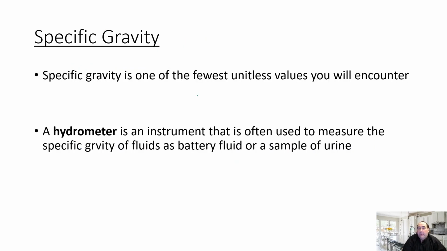Specific gravity is one of those few unitless values in chemistry. A hydrometer is an instrument that's used to measure the specific gravity of things like battery fluid or urine to check on, for example, if the battery is still good. You could sort of figure it out based on its specific gravity.